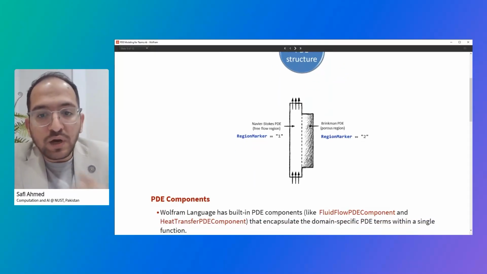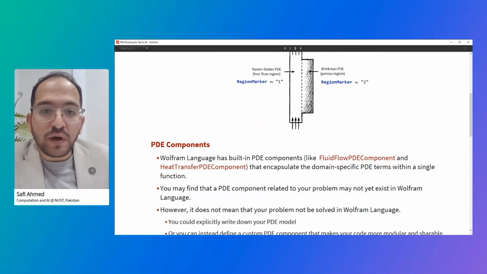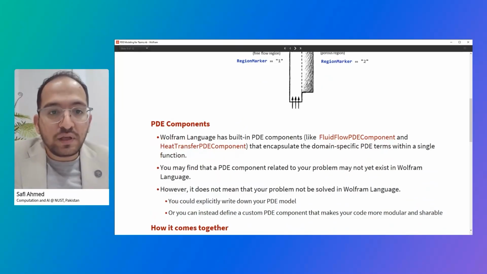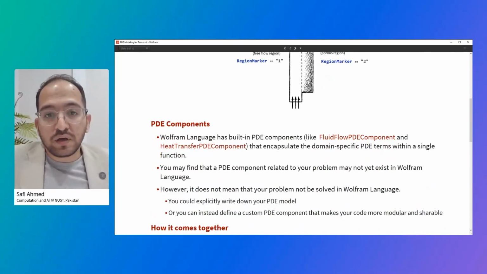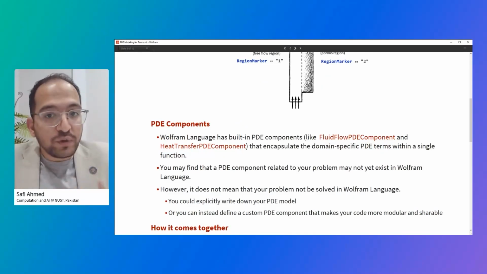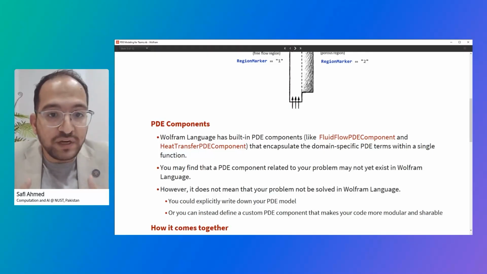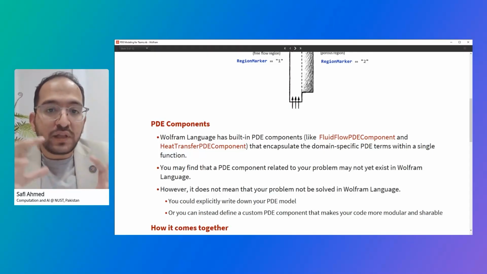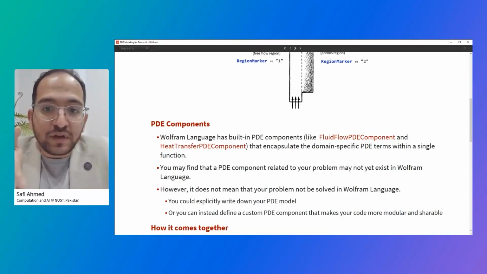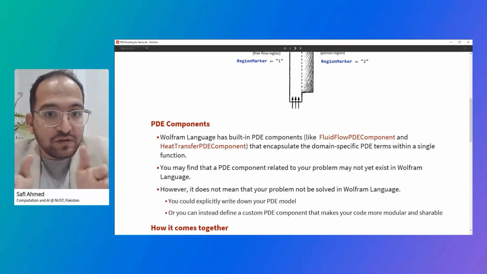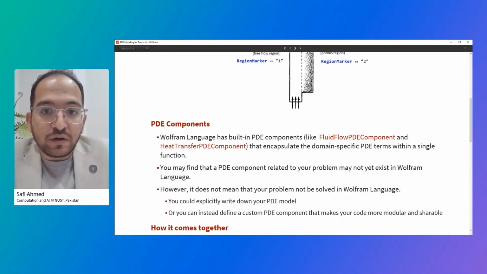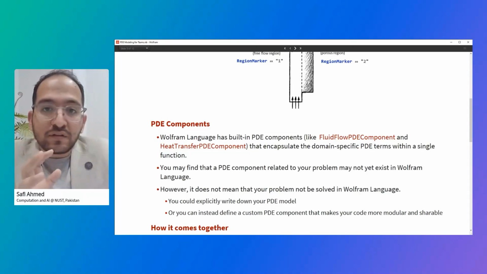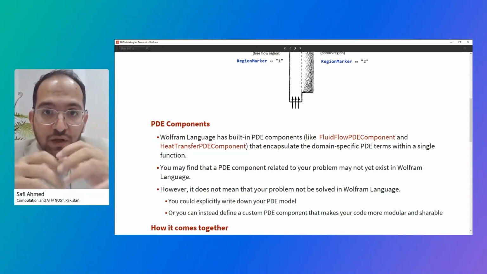So I will say a few things about the PDE components. Basically, Wolfram language has built-in PDE components like the fluid flow PDE component or the heat transfer PDE component, and these encapsulate the left-hand side of the partial differential equations related to that particular domain. For instance, the fluid flow PDE component will have the left-hand side of the Navier-Stokes equations encapsulated within it.